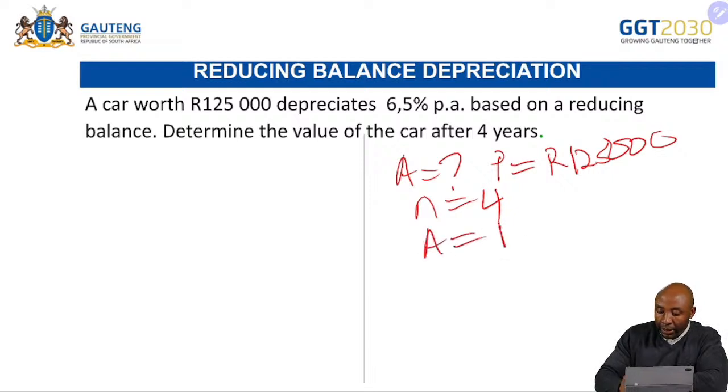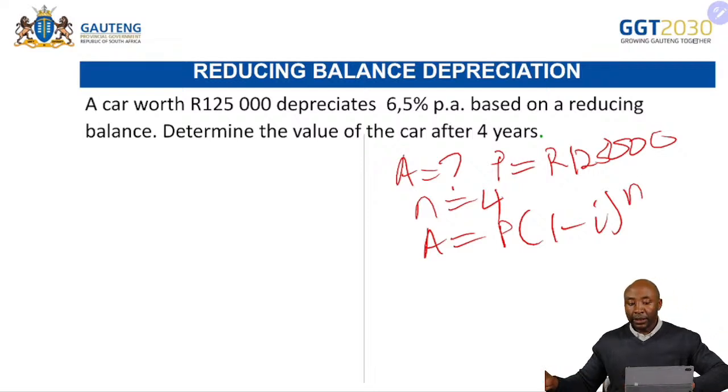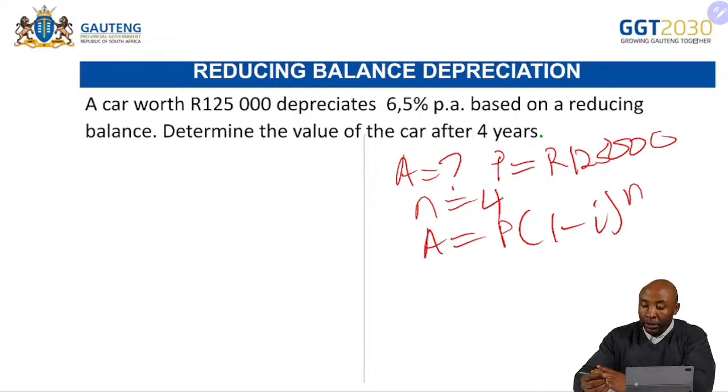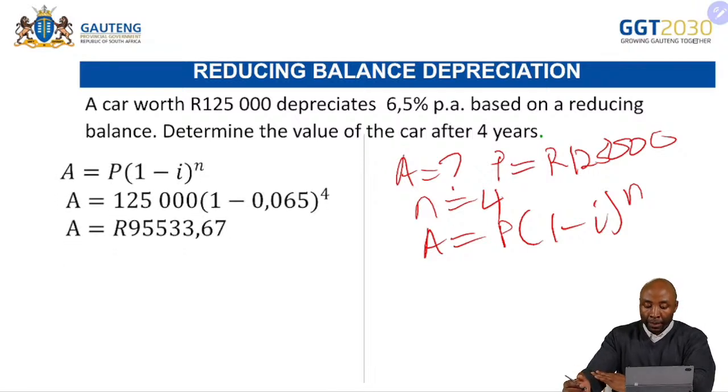We are using A = P(1 - i)^n because it's depreciation. We substitute this into our formula, then we get our solution as 95,533.67. So a car that is worth 125,000, after 4 years, if the depreciation rate is 6.5%, will be worth 95,533.67 rands.